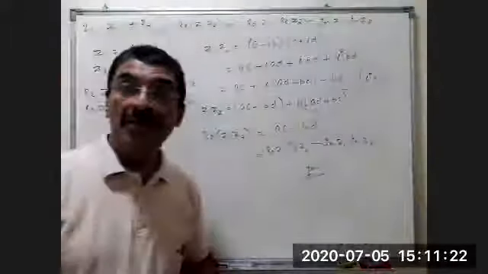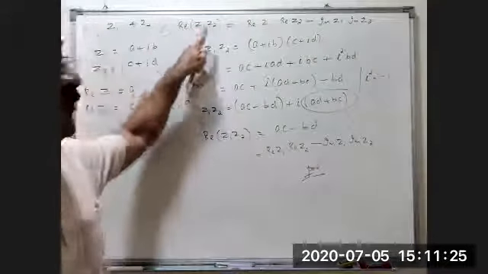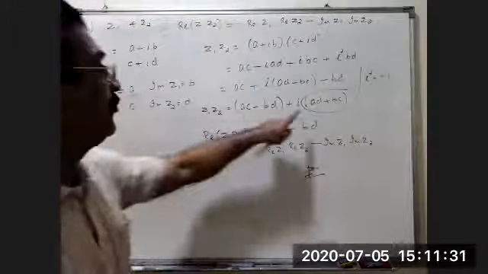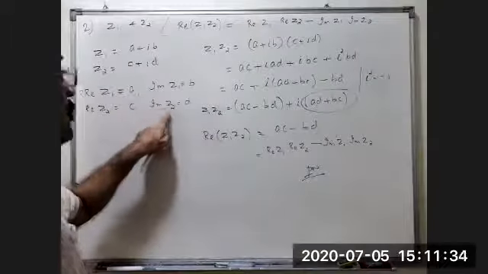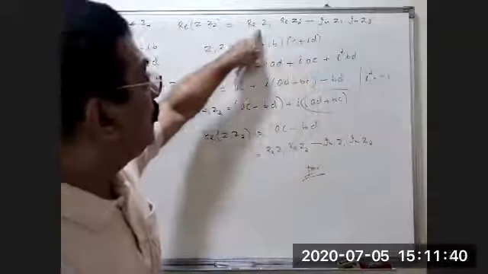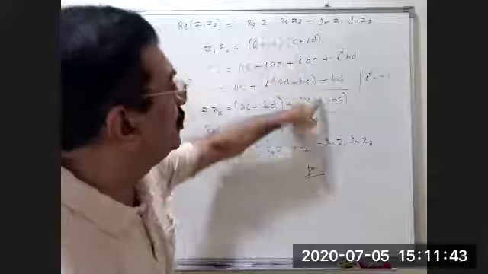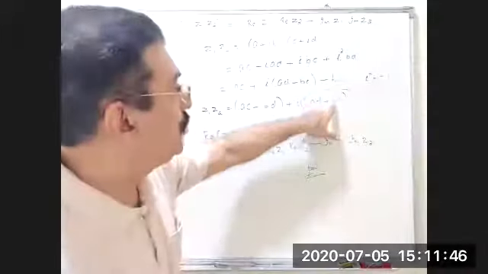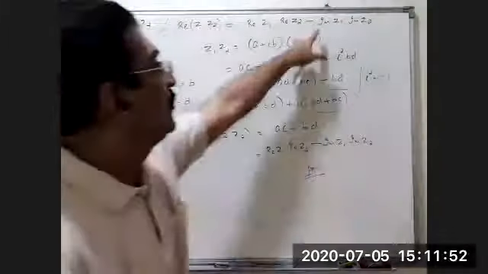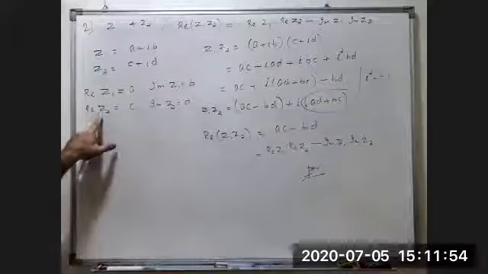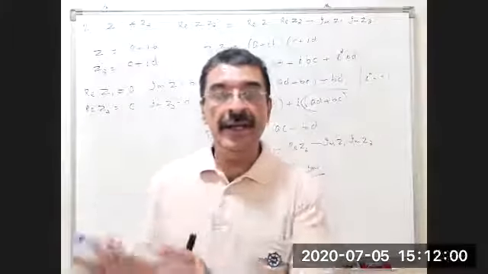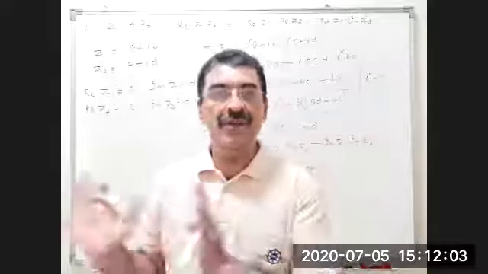So the question can be: prove that the imaginary of Z1 Z2 is equal to A, the real of Z1, into the imaginary of Z2, plus B, the imaginary of Z1, into the real of Z2. That question also can be asked. So the idea is it is slightly deviated from this question.